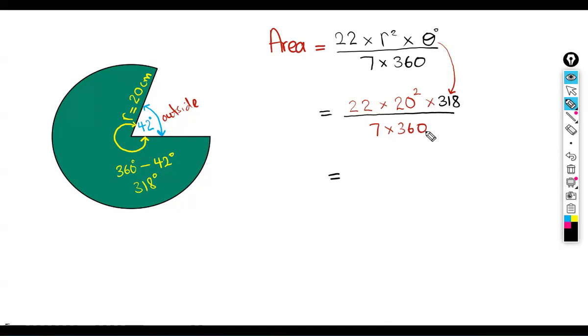This question is also very popular in the exam and amongst teachers for term tests, right? Getting it? The final answer when you work this out on your calculator is 1110.48 centimeters squared.